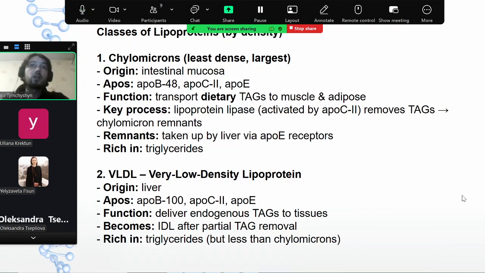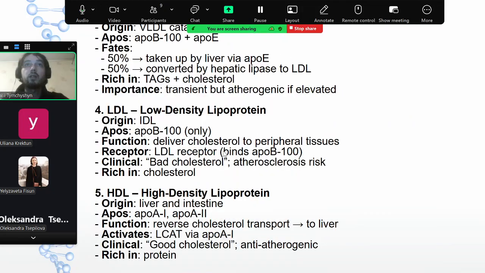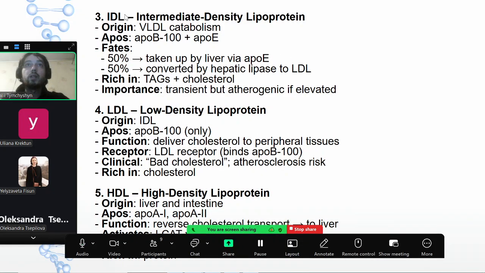They are rich in triacylglycerols. There are three more classes: very low density lipoproteins, so VLDL, IDL intermediate density, LDL low density, and HDL high density.